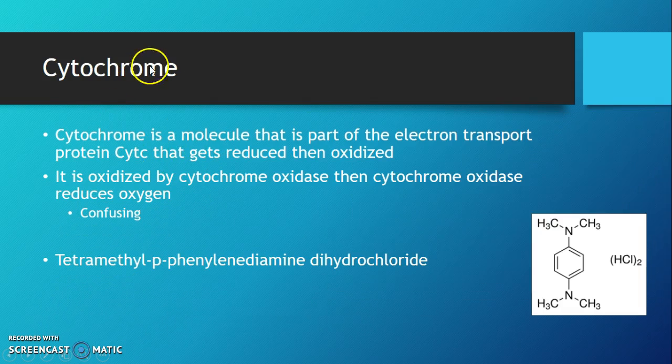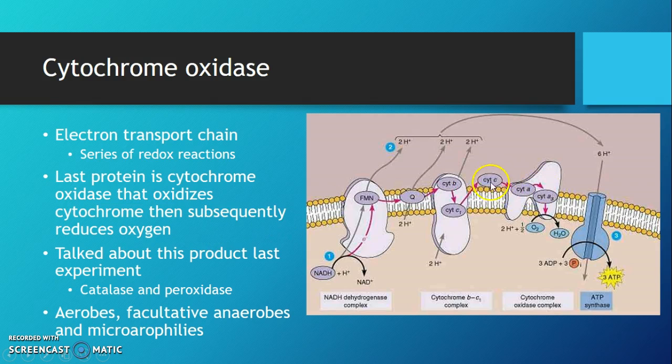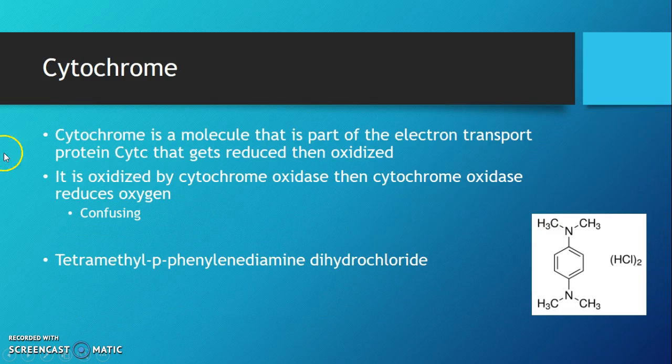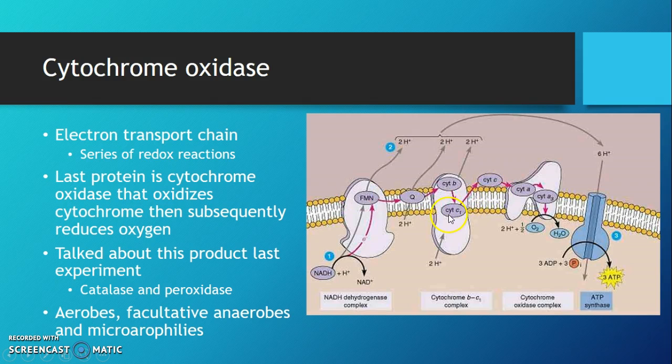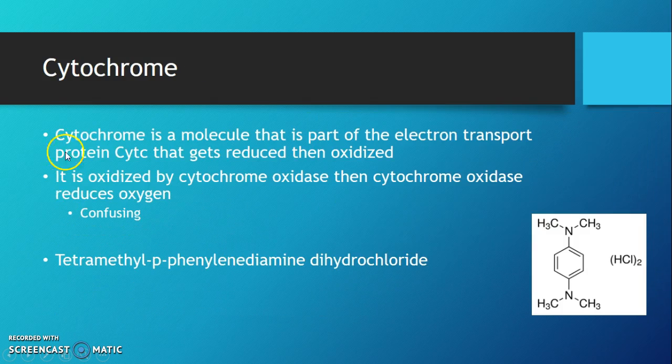But cytochrome, what it is, it's actually a cofactor in a protein, cytochrome C, right here. Cytochrome is a molecule that is part of the electron transport chain that gets reduced, and then it gets subsequently oxidized. So it gets reduced here when it gains the electrons, and then oxidized when it loses the electrons.